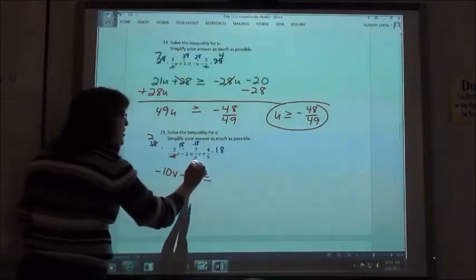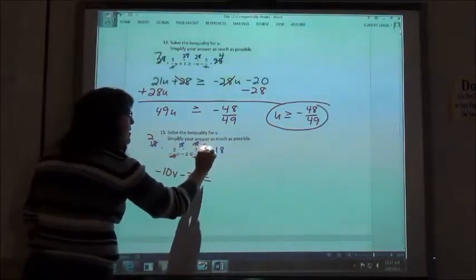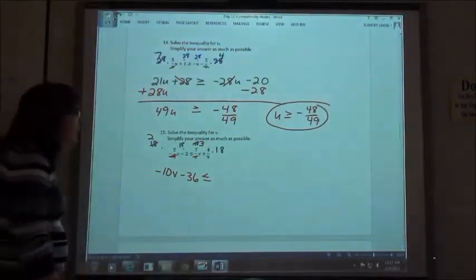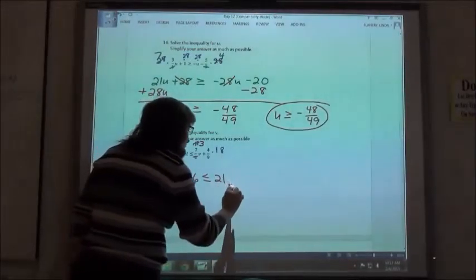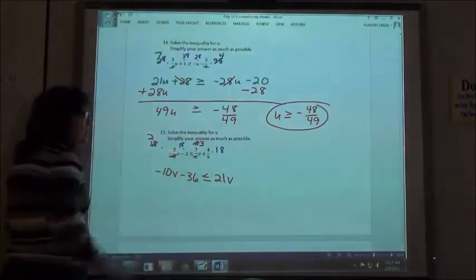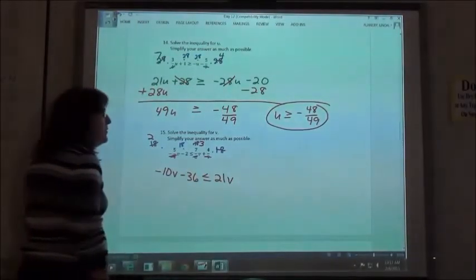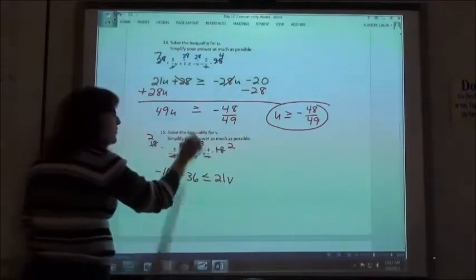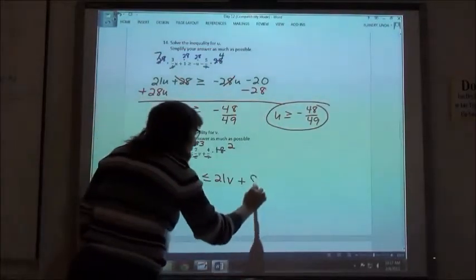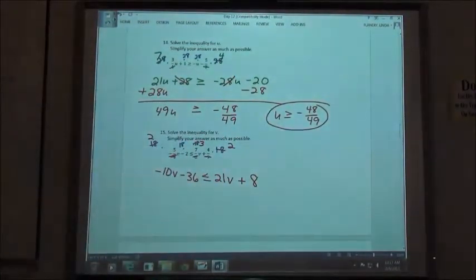Here I have a fraction. 6 goes into 18 3 times my 7v, 21v. And then again we have a fraction on the end. 9 goes into 18 twice. 2 times 4 is 8. So negative 10v minus 36 is less than or equal to 21v plus 8.